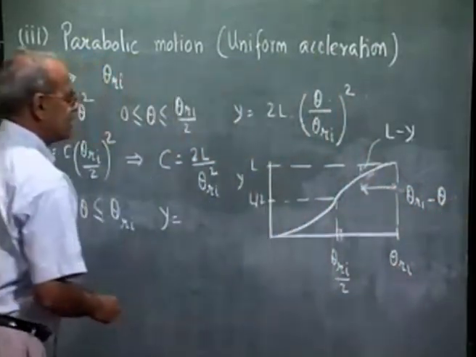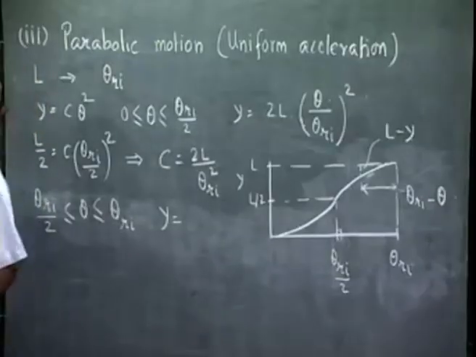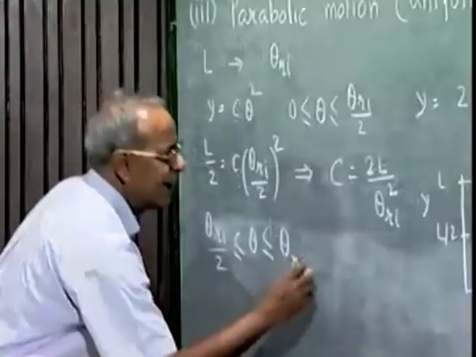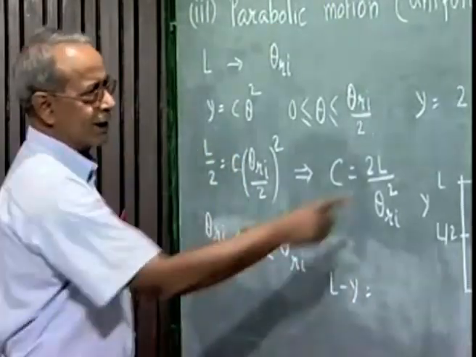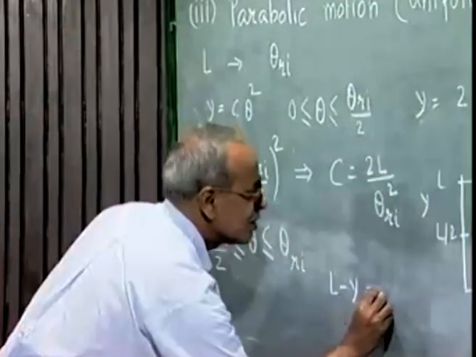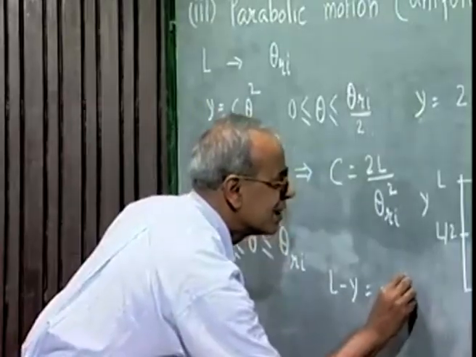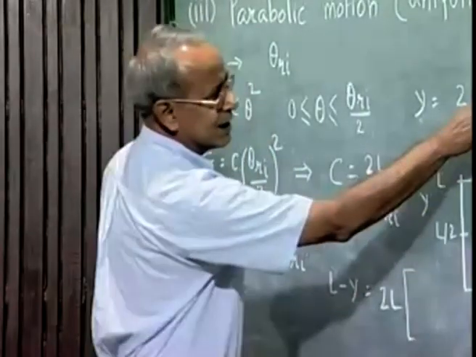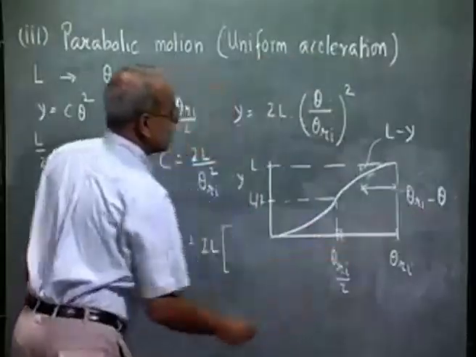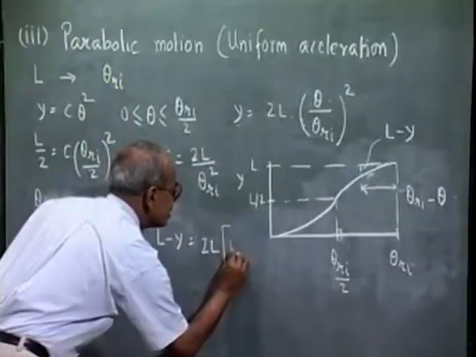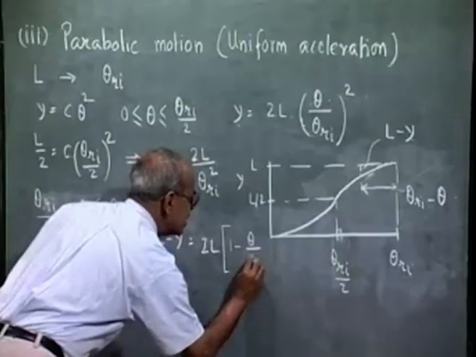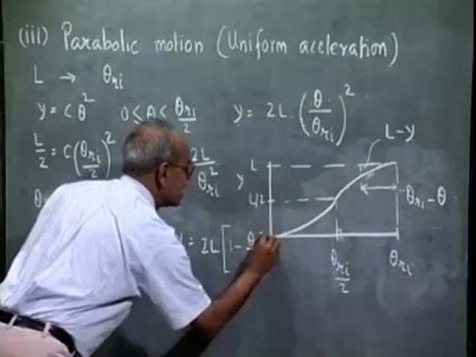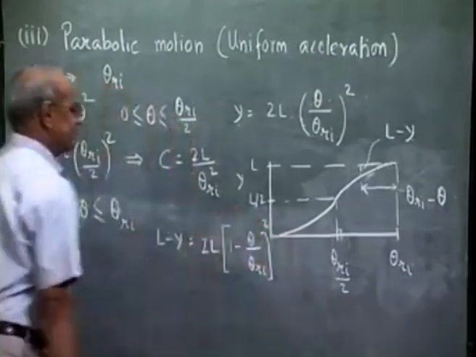So we can write L minus y instead of y, then the constant remains the same, and for theta I write theta Ri minus theta, so that gives me 1 minus theta by theta Ri whole squared.